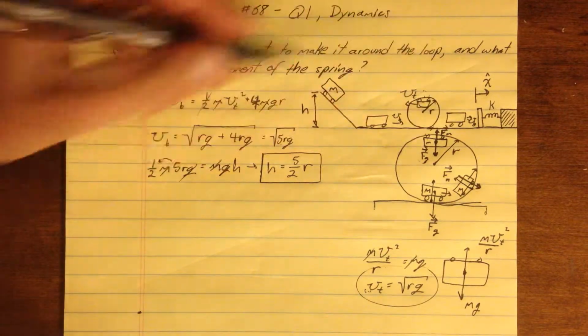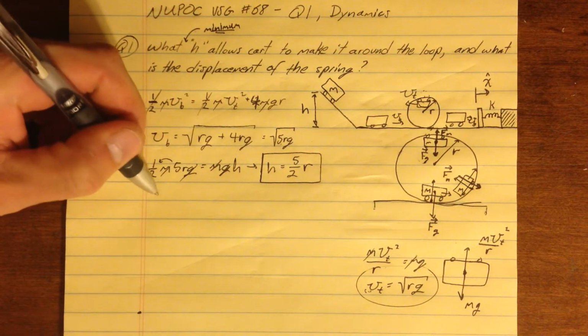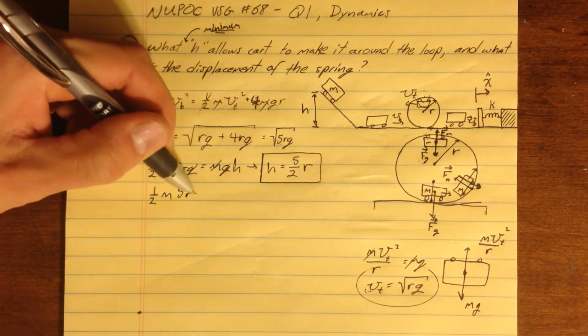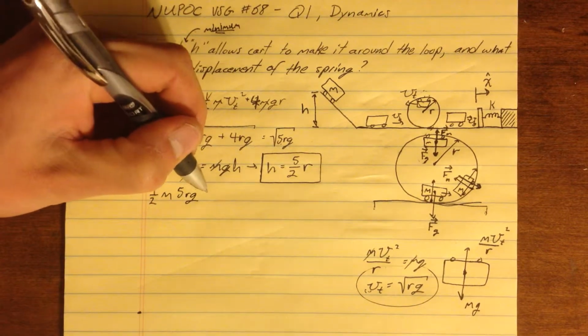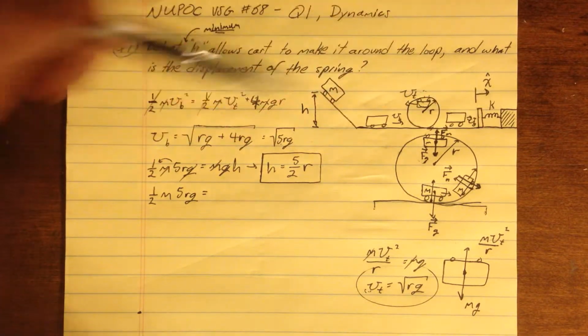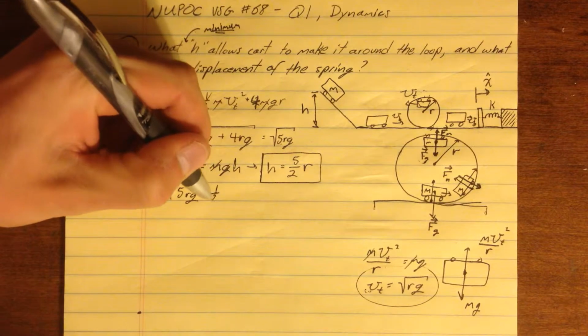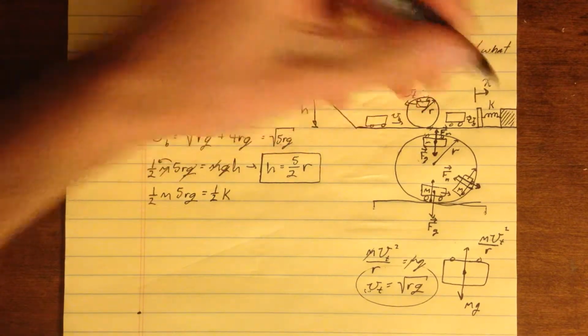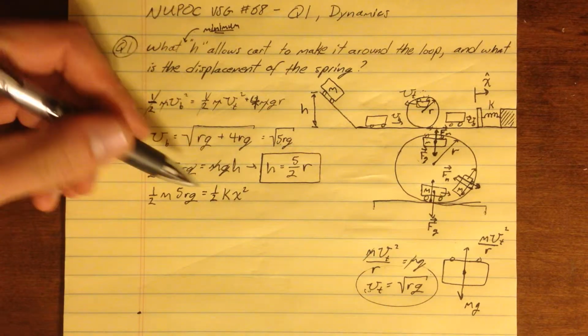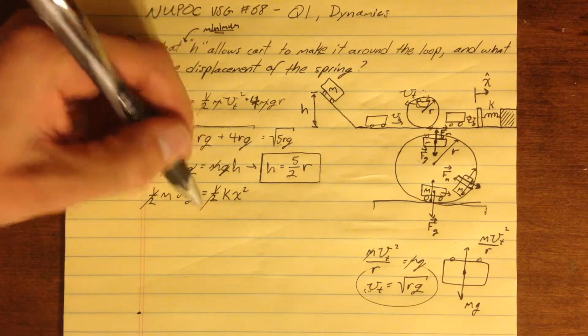Well, we can say now this kinetic energy due to v_B, which is again 1/2 m v_B squared, or 5rg, is now going to be equal to all the potential energy that goes into the spring, or 1/2 k x squared, where the spring constant is k. And of course we're interested in x, so we can cancel out these 1/2.